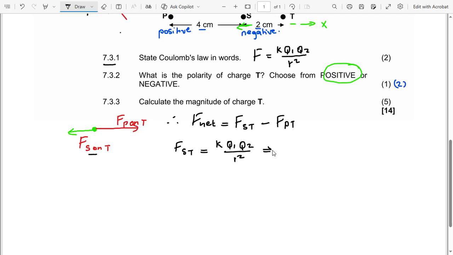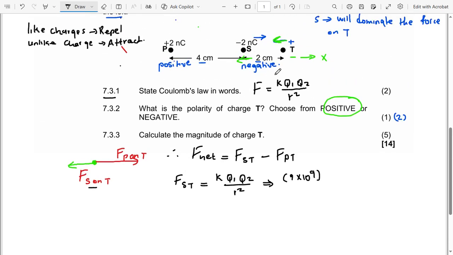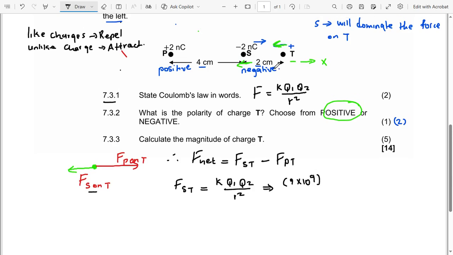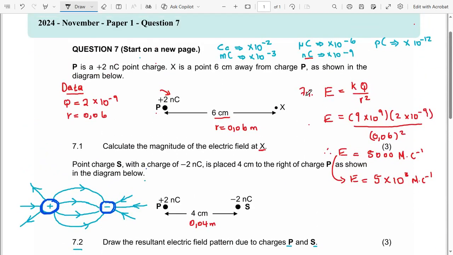If I do the substitution, we know that K is a constant, which is 9 times 10 to the power 9. Charge 1 is the one for S, which was given as 2 nanocoulomb. And if it's nanocoulomb, we do the conversion by multiplying by 10 to the power negative 9.